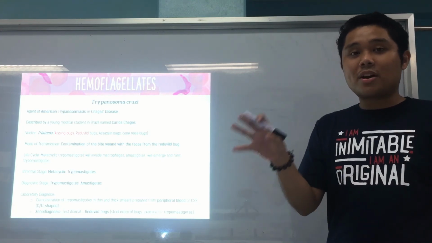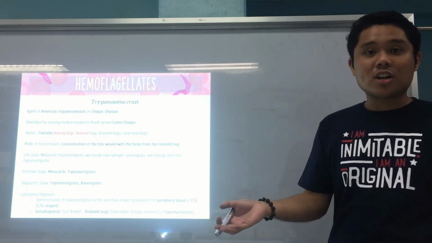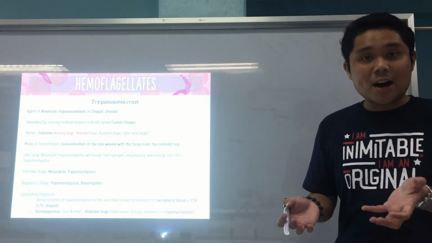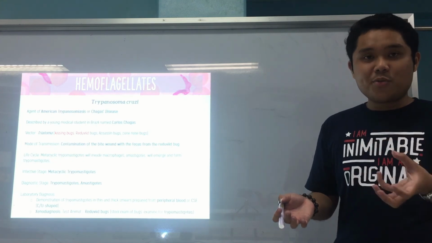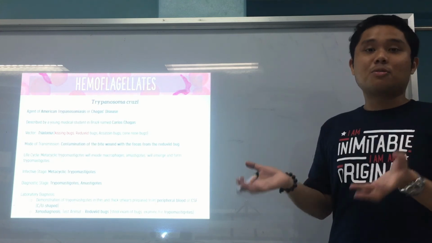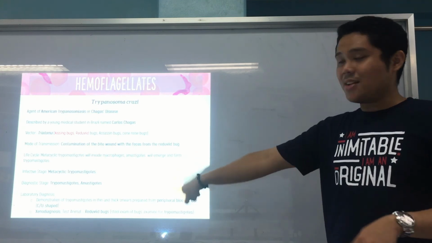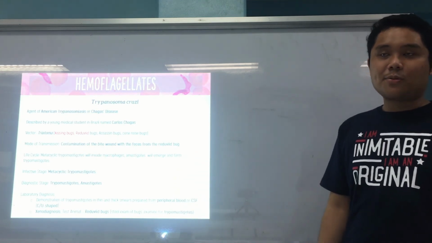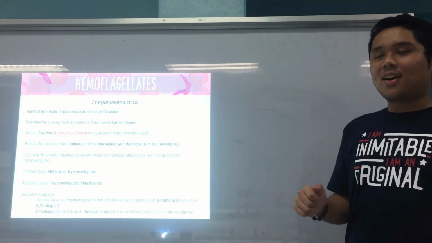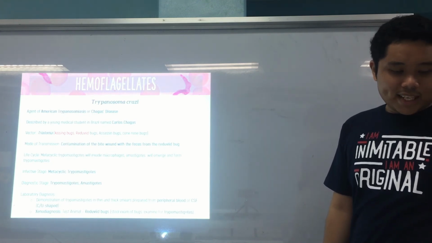Then you let the reduviid bug defecate, and you examine the feces for trypomastigotes. Once trypomastigotes are found in the stool of the reduviid bug, that confirms that the patient has American trypanosomiasis infection. You use animals to test if the patient has this infection. That's xenodiagnosis, and we examine the feces of the bugs. That's for T. cruzi.